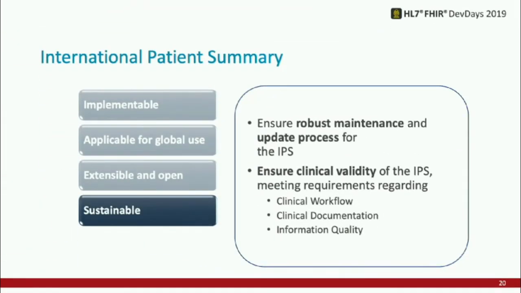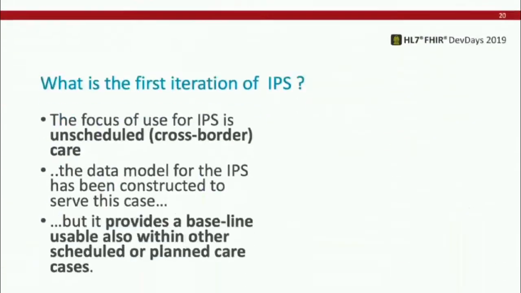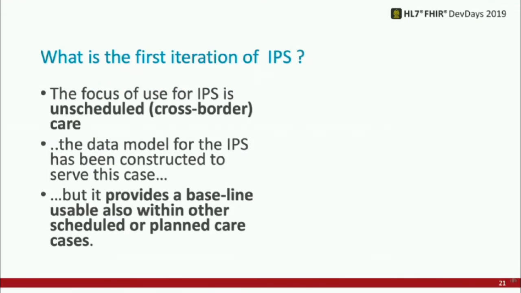All right. And then we're looking for building maintenance and update processes so that we can keep this going, and also trying to ensure clinical validity and relevance. Okay, so as I mentioned before, we focused initially on unscheduled cross-border care. It's basically when I travel to Europe, or somebody in Europe travels to the U.S., or Asia, Africa, South America, it could be anywhere.